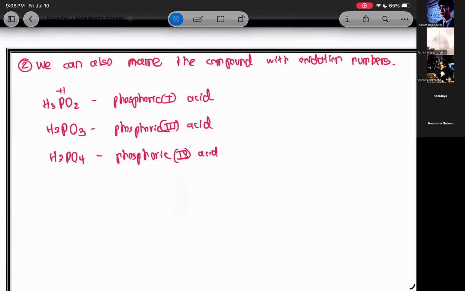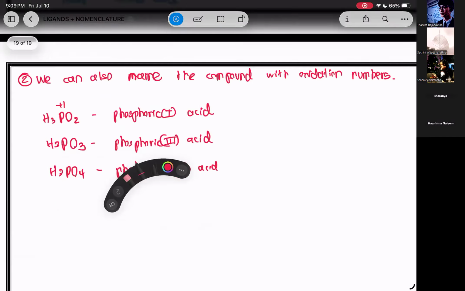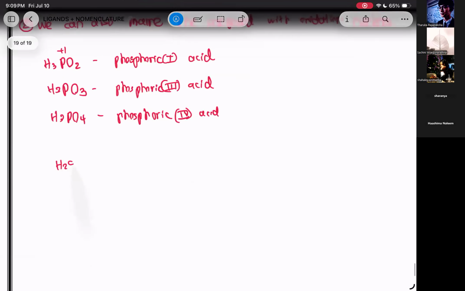H2SO3, H2SO4 also you can do the same. Sulfuric 4 acid.